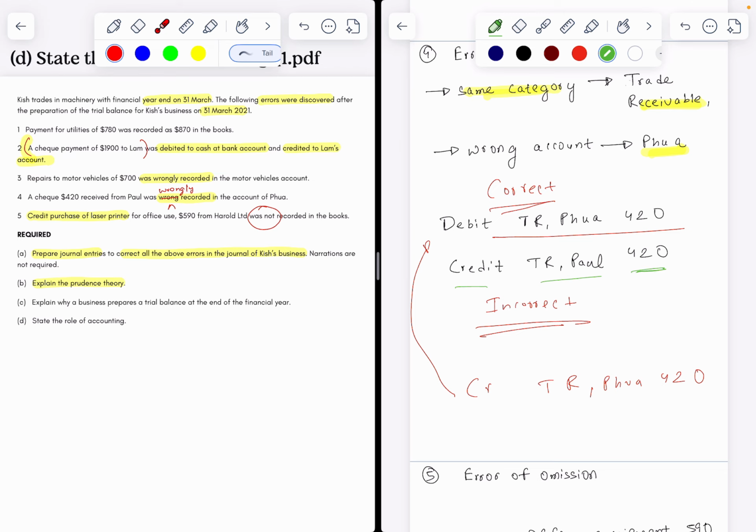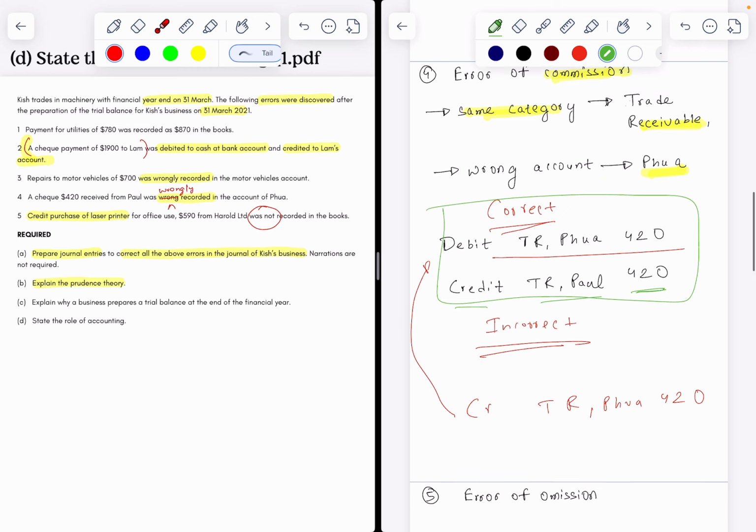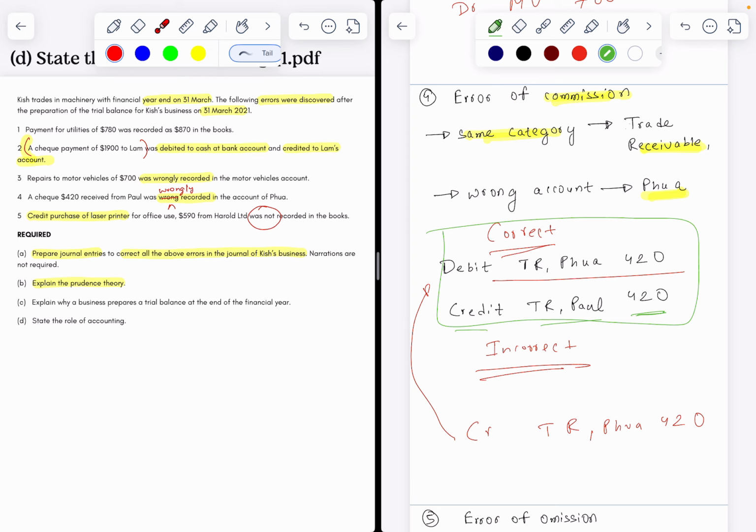So the correction is to debit the trade receivables account for POA by 420, and then to credit the trade receivables account for Paul by 420. And this is what we classify as an error of commission because the same category of trade receivables is involved here, but the wrong accounts, where the payment made by another credit customer was recorded in the account of another credit customer, if that makes sense.